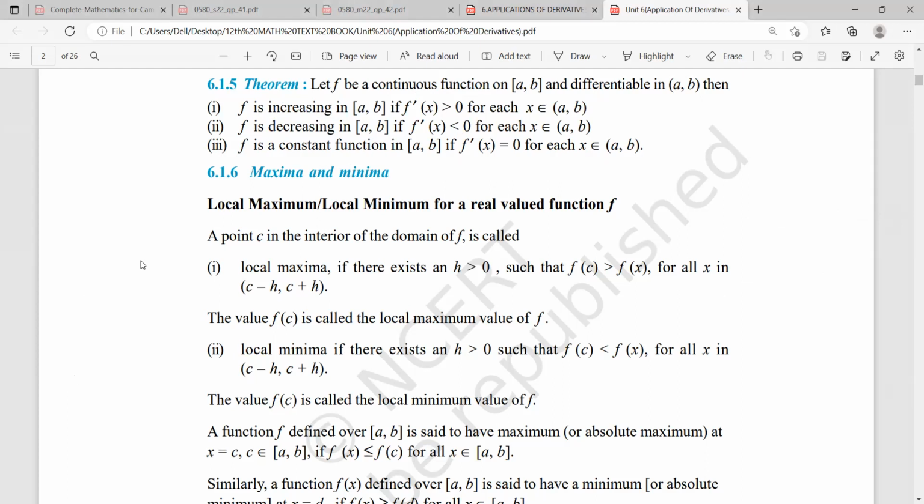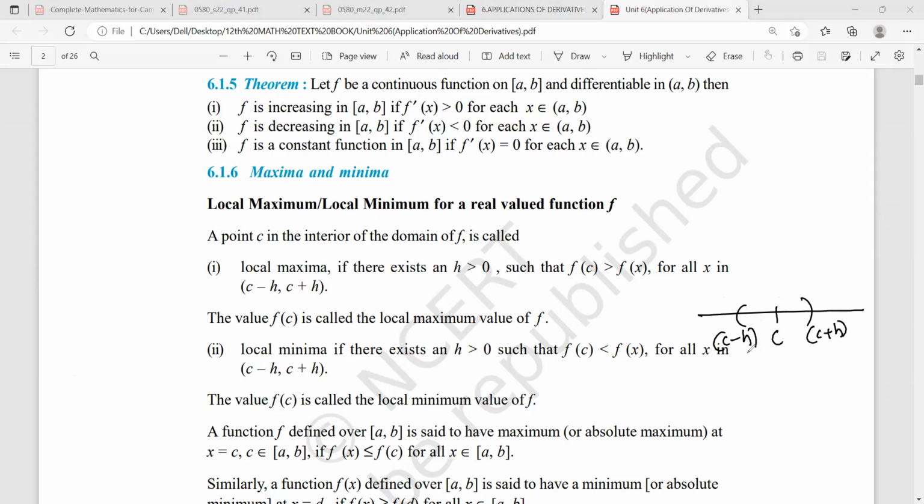Maximum and minimum. So here we have local maximum and local minimum. What is the definition? Local maximum: consider the neighborhood of C, this is C minus h and this is C plus h.